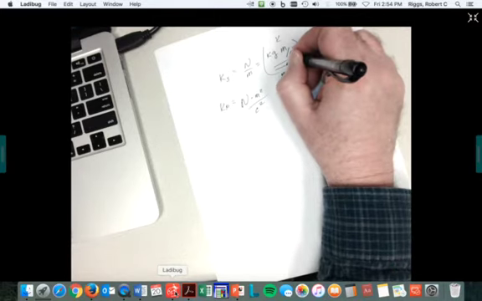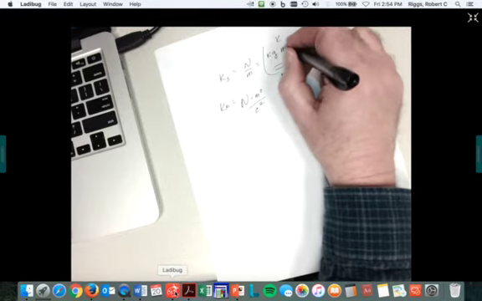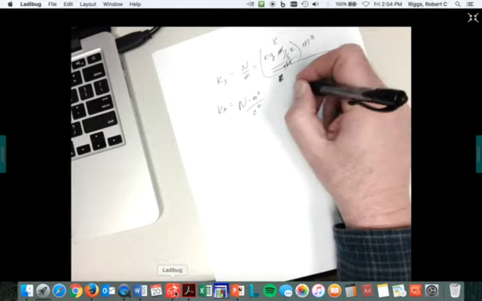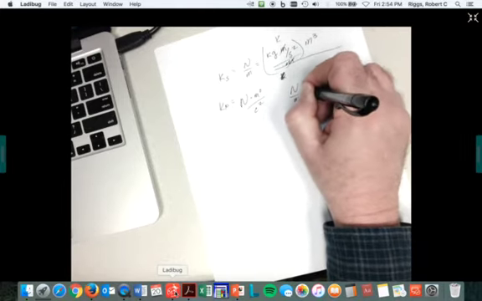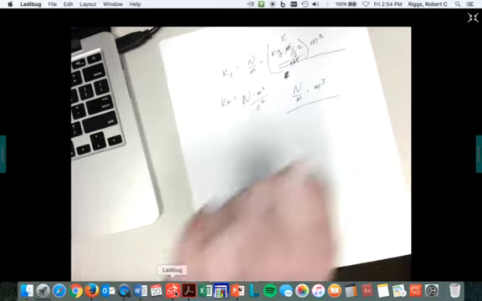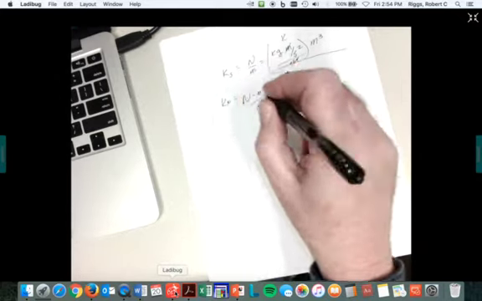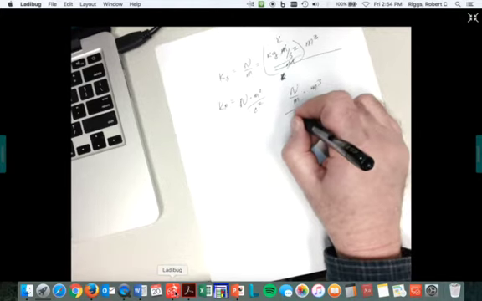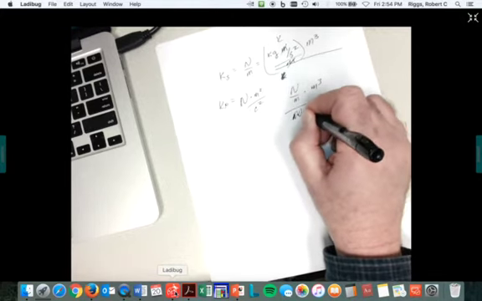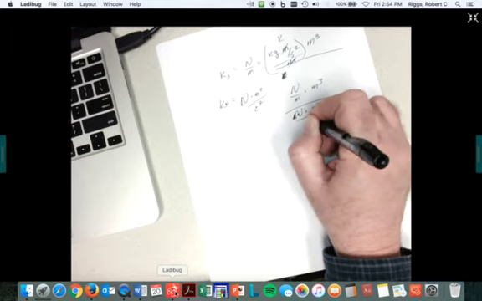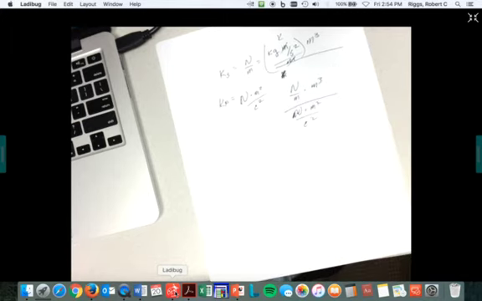This meter goes away. What I've got is a newton per meter times meters cubed in the numerator, and in the denominator, a newton meter squared divided by coulomb squared.